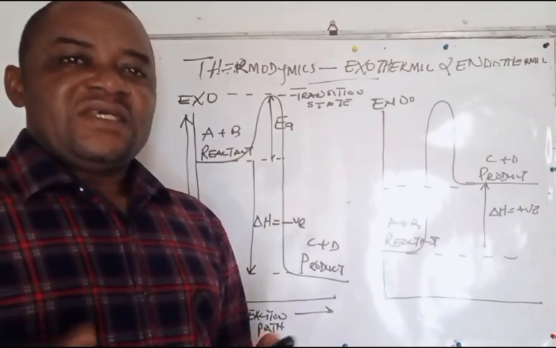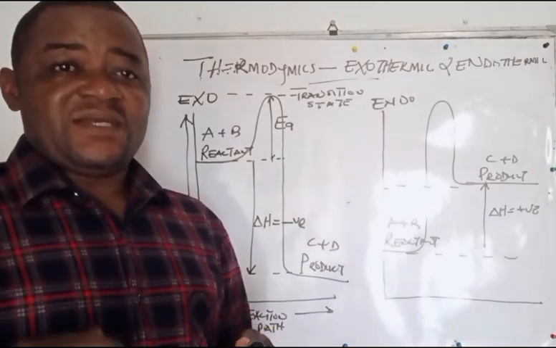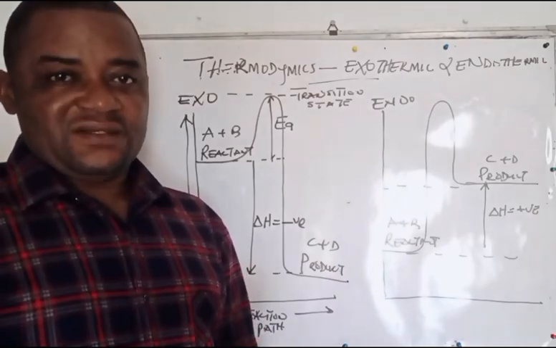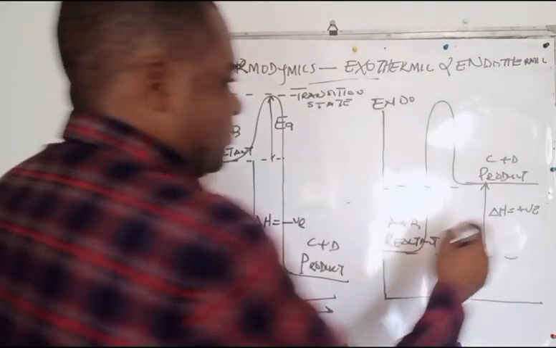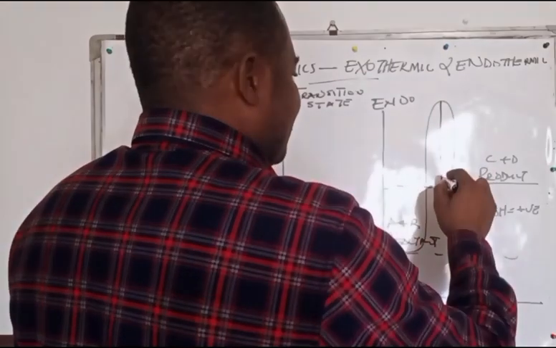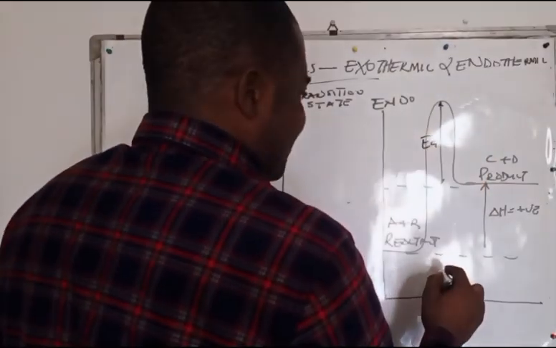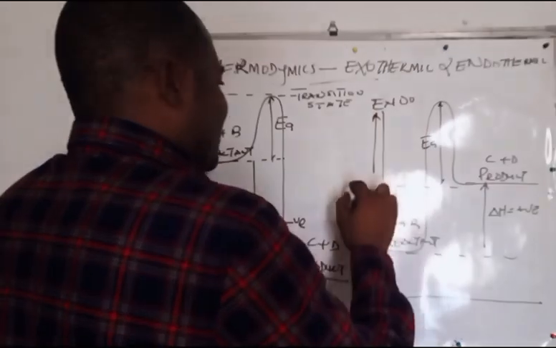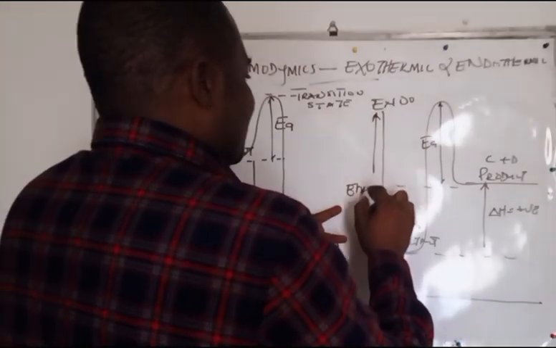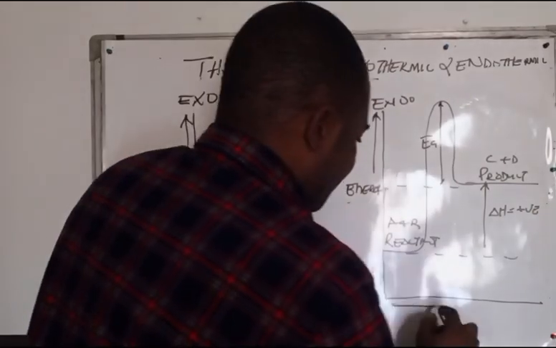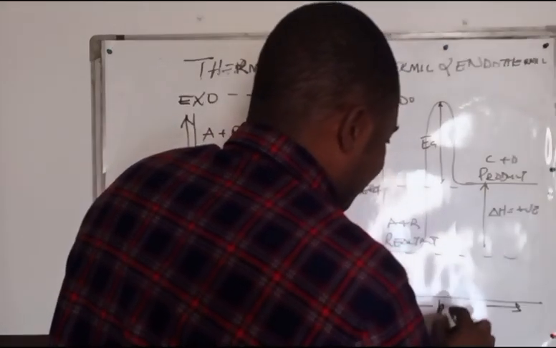So work is done by the environment on the system. The system becomes what? The benefiting part of that process. So it's positive, and from here to here is our activation energy, and this of course is our energy, usually potential energy, and from here to here is our reaction path.